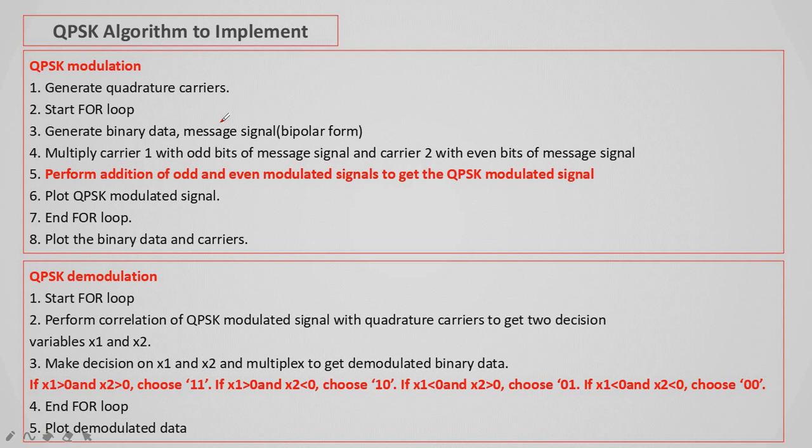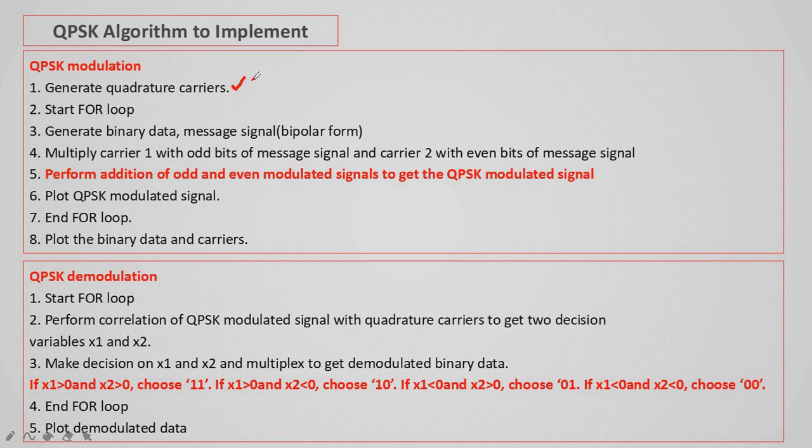So first, for modulation, what are the requirements? The requirement is, first of all, you have to generate the carrier. Okay. How many carriers? 2 carriers, because 2 orthonormal functions are there. One in-phase and one quadrature. In-phase means cos omega c, quadrature means sin omega c. Either one you can consider.